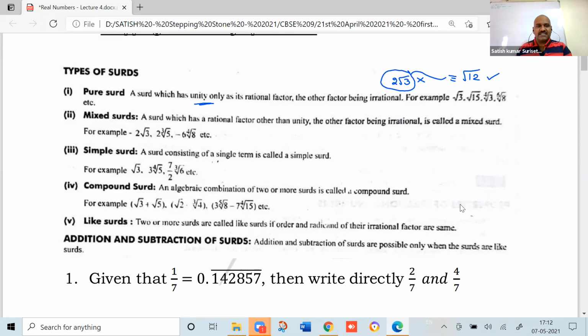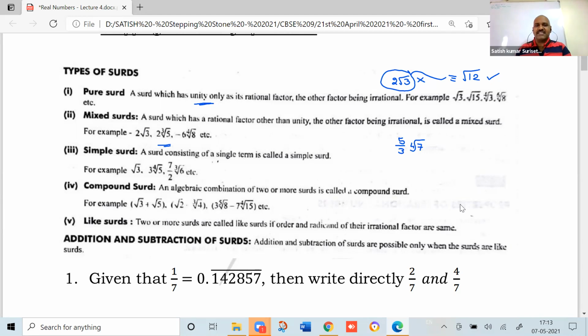Next, mixed surd. A surd which has a rational factor other than unity, the other factor being irrational, is called a mixed surd. So 2 root 3, 2 into cube root of 5, minus 6 into fourth root of 8, etc. These are all mixed surds. Here the rational factor other than unity can be 2 or any number, but it should be a rational number. Now, tell me about this: 5 by 3, fourth root of 7.